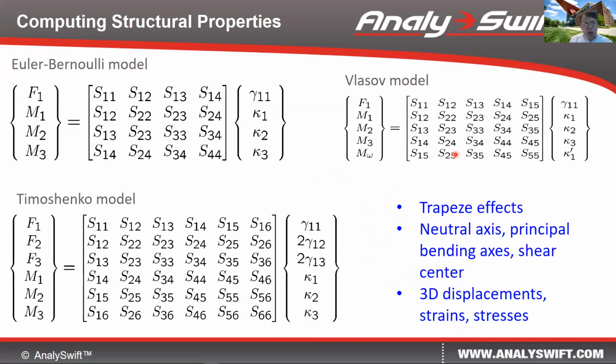To compute the structural properties, we need to minimize the strain energy loss between the original 3D model and the 1D beam model. Typically in engineering applications, we have three common models. One is called the Euler-Bernoulli model, another called the Timoshenko model, another called the VABS model.